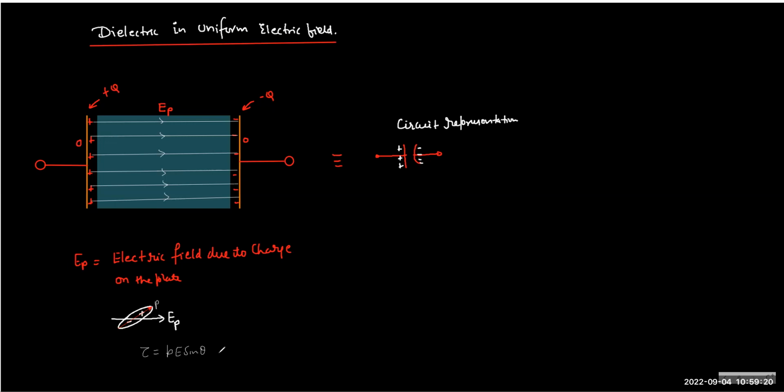So P cross E, that is the form of a torque. You can see P cross E is clockwise, isn't it?